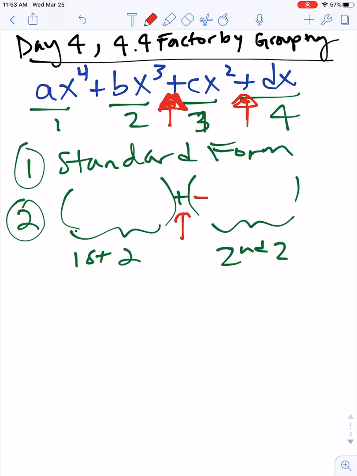But if this was a negative sign, you'd have to change the signs of the other things inside of our second set of parentheses. If you are curious about that or confused about that, I do an example in the written notes. To keep my video short, I'm only going to go through one example, so I'm going to go through a base case in this case. But make sure that if that's a minus sign, you're changing the signs of everything else in the second set of parentheses. So that's step 2.